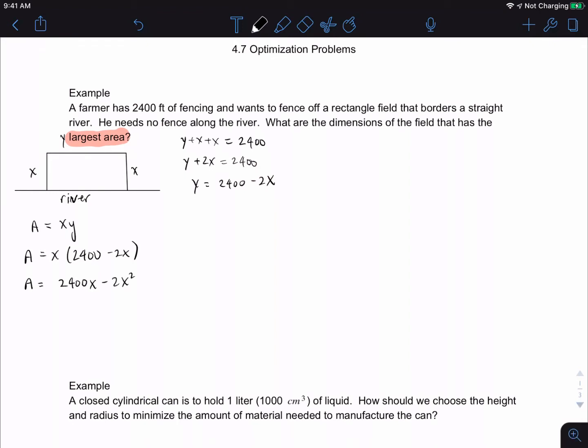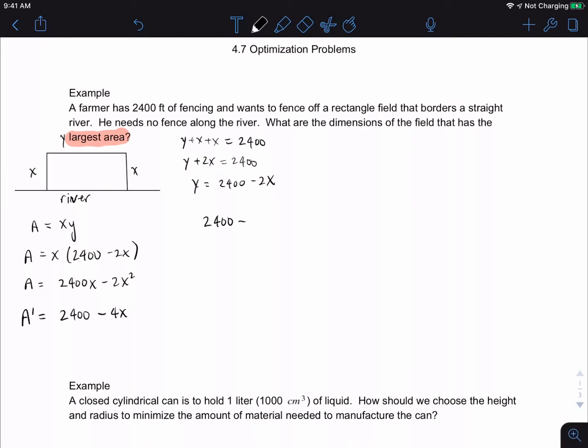And remember, since we want to maximize the area, we want to get the largest area, in order to be able to find maxes and mins, what we need to do is take the derivative. So the derivative of the area is 2,400 minus 4X. Now we need to set that equal to 0, because that's going to tell us a critical number.